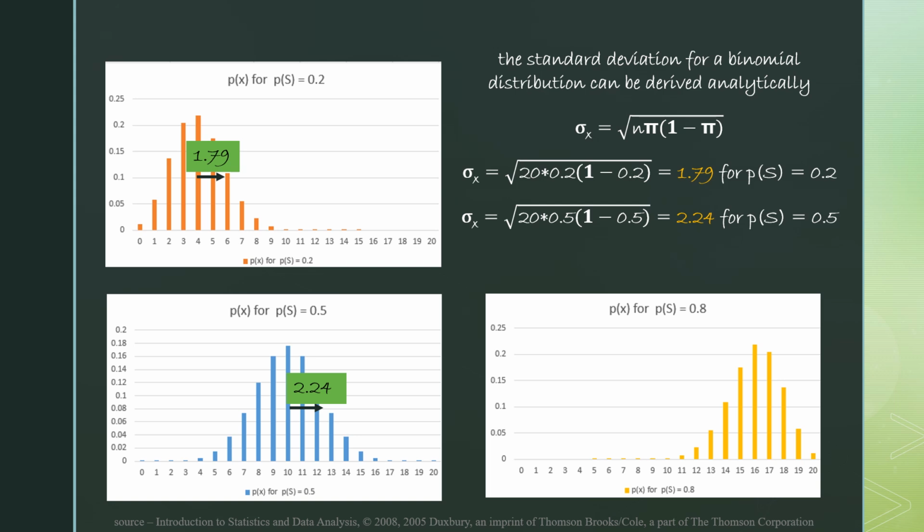Sigma of x equals square root of 20 multiplied by 0.5 multiplied by 1 minus 0.5, which equals 2.24, for probability of success equals 0.5. And sigma of x equals square root of 20 multiplied by 0.8 multiplied by 1 minus 0.8, which equals again 1.79, for probability of success equals 0.8.